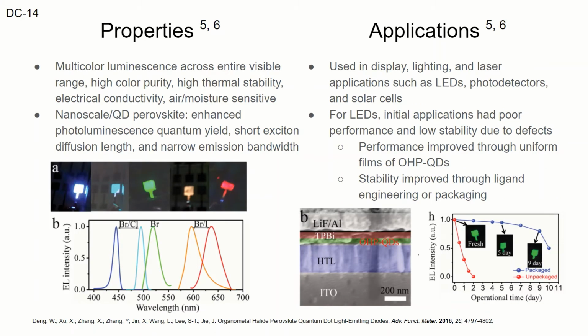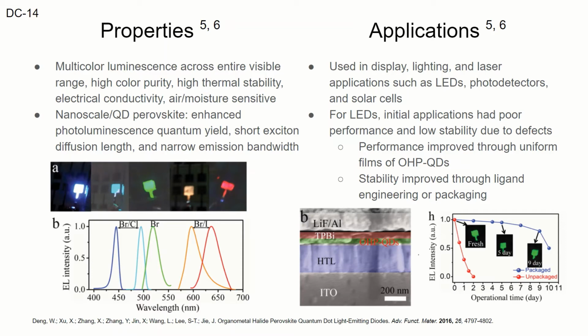As I've mentioned before, the overlap of lead and halide orbitals gives rise to the photoelectronic response in perovskite crystals. This means that the wavelength of luminescence can be controlled easily by tuning the halide composition. The figure on the left shows how different halide compositions show emission spectra at different wavelengths of light.